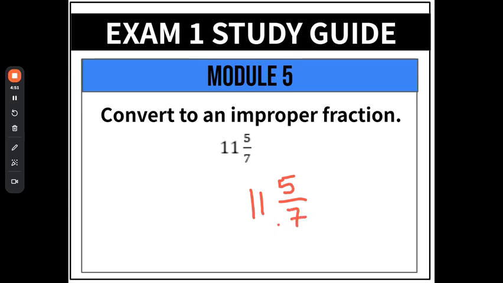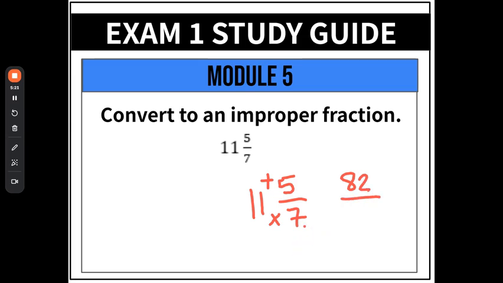because it's fairly easy. So what I always do is I write a multiplication sign here and an addition sign here, and all we're going to do is multiply these two numbers together and add these two numbers together to get our numerator. So I've got 7 times 11 gives me 77, and then adding 5 gives me 82 on the top.